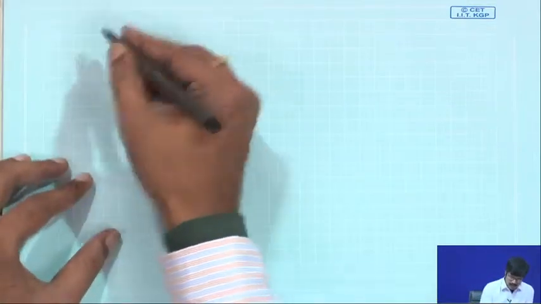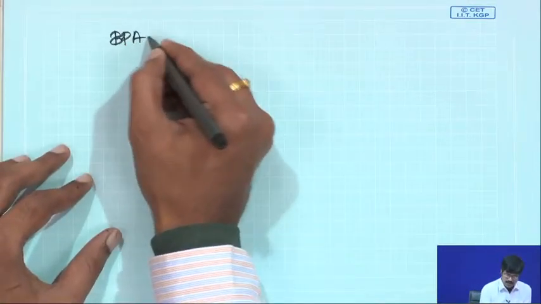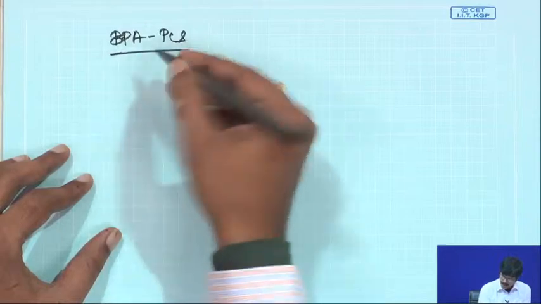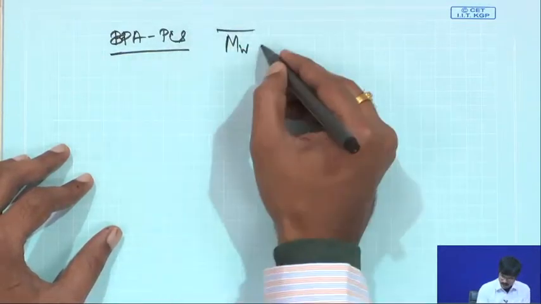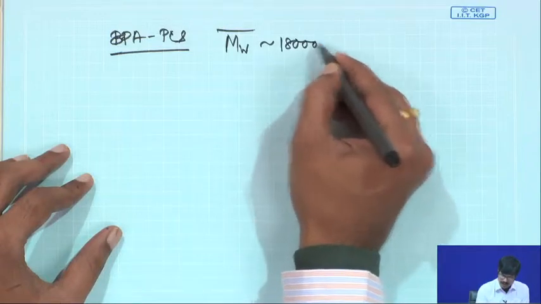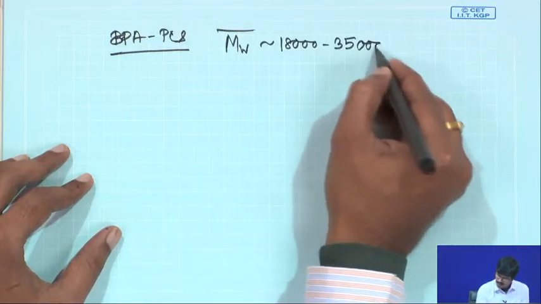Now, industrially used bisphenol A polycarbonates, their weight average molecular weight is in the range of 18,000 to 35,000, which is not very high.